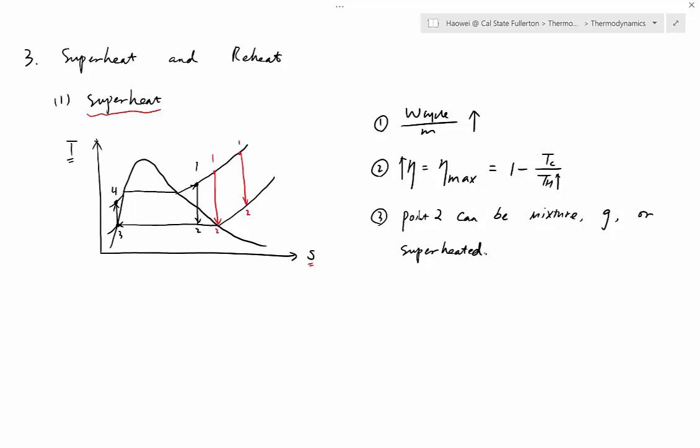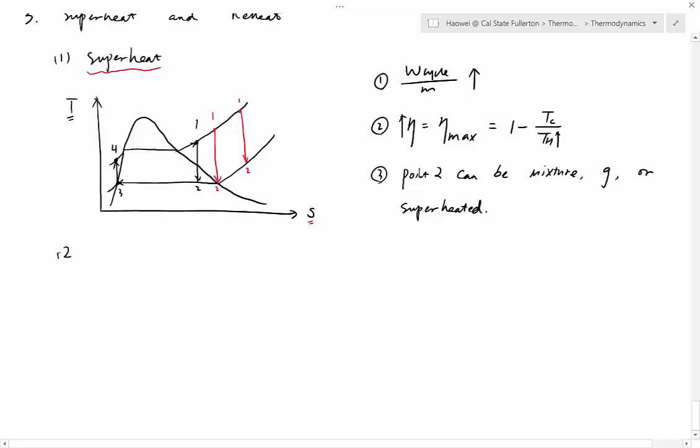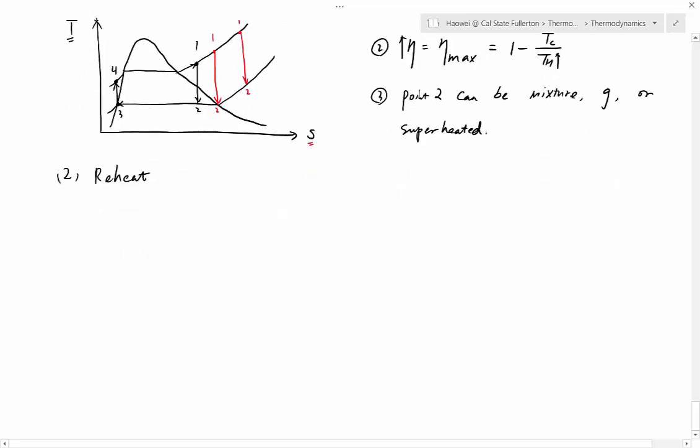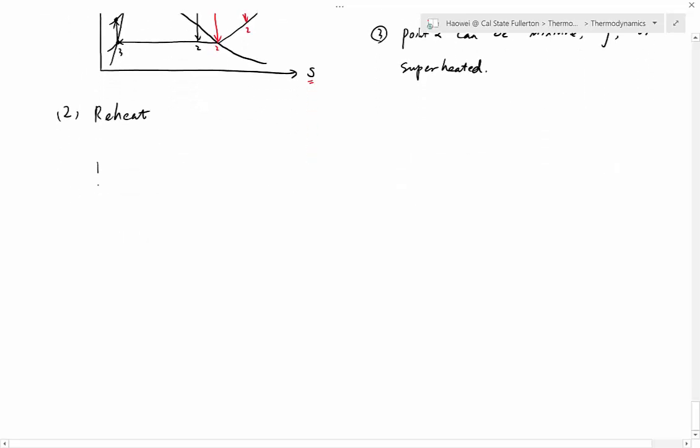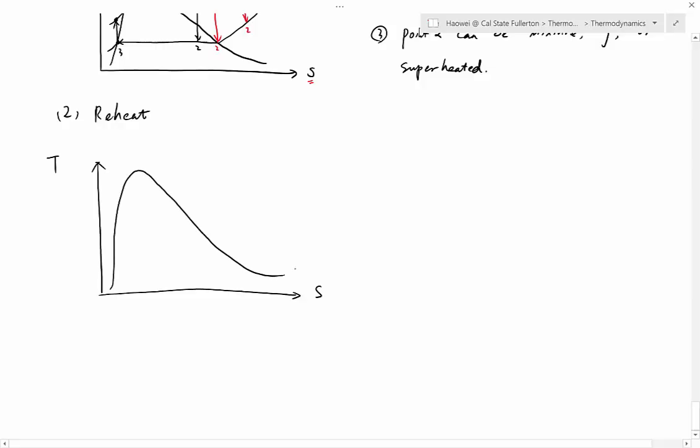And the second way for us to increase the performance of the Rankine cycle is by reheat. So next, let's reintroduce reheat. How does reheat work? It's very similar to Rankine cycle. Let's sketch the diagram first. T versus S diagram. Vapor dome first.